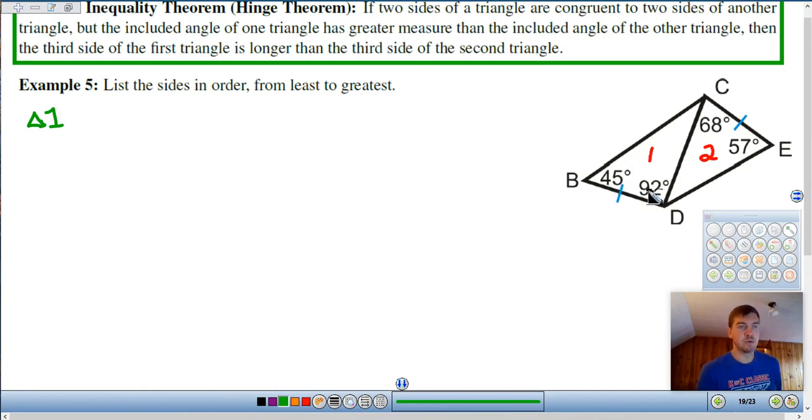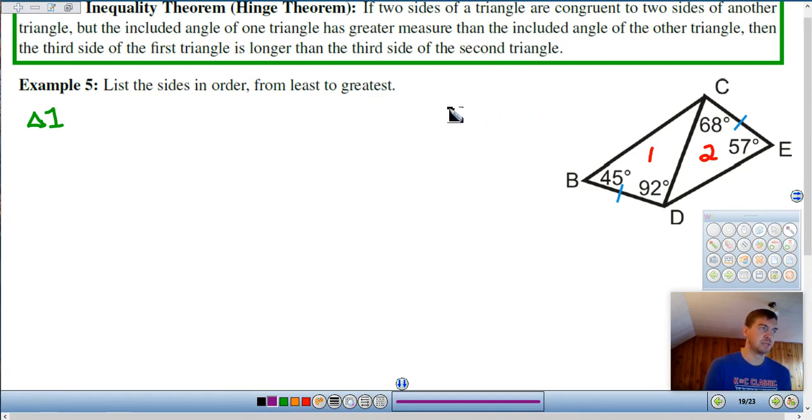Remember, we can use the angle measures to determine not necessarily the exact length of a side, but its rank. We can figure out which one is the longest versus which one is the shortest. And I have two angle measures in triangle CBD, but I can figure out the third measure if we use the fact that the three angles need to add up to 180 degrees.